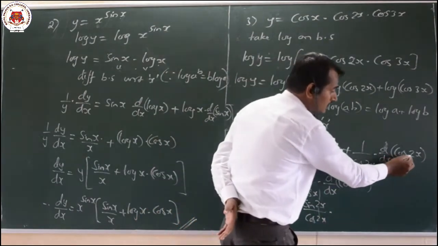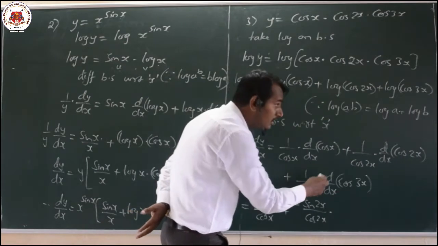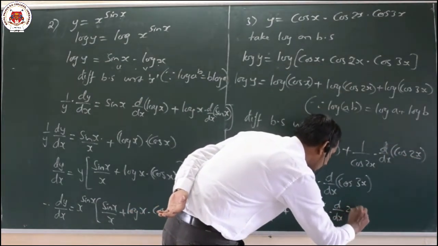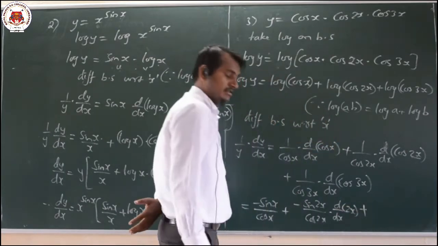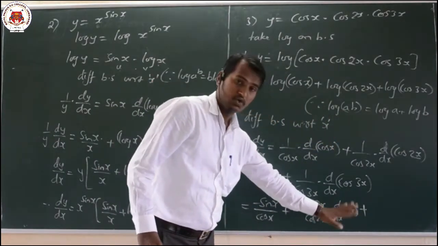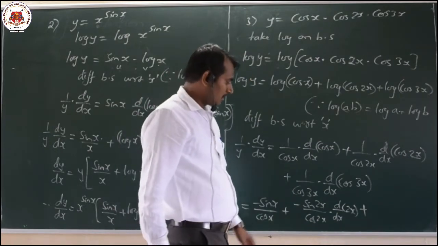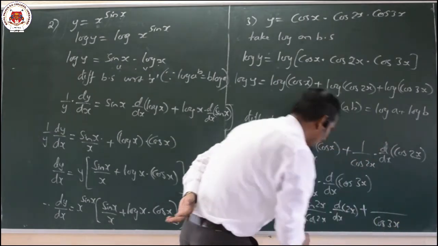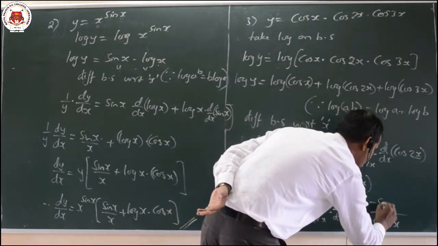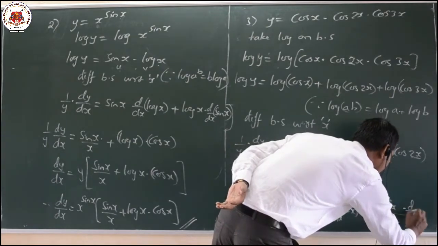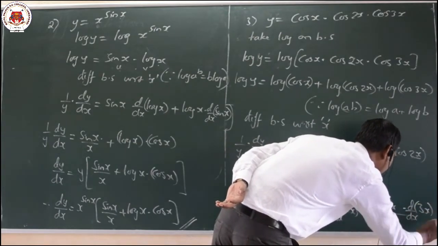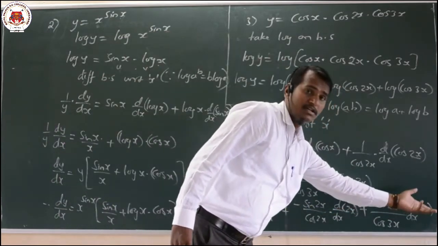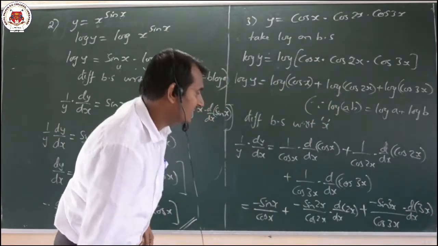Here further differentiation of 2x, d by dx of 2x becomes 2. Then the last part, 1 by cos 3x into differentiation of cos 3x, which is minus sin 3x into d by dx of 3x. Now d by dx of 3x is 3. That is your required result.